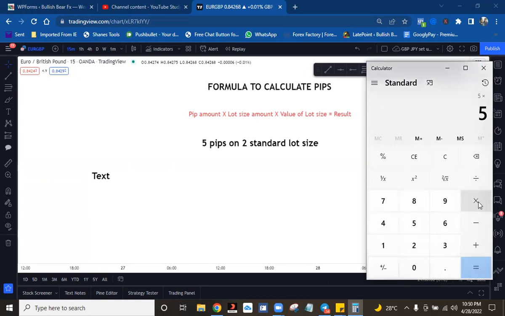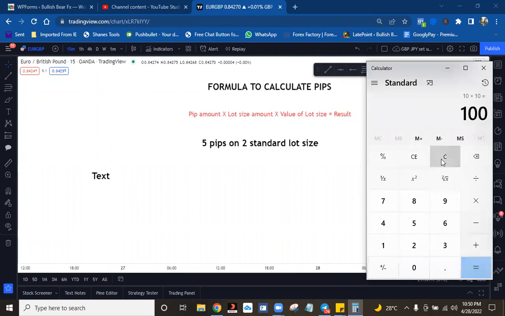Five times 2 standard lot size times, okay, wait, sorry. Okay, that's it. 5 times 2 equals to 10. All right. The value of a standard lot size is $10 per pip. Okay, times $10 equals to 100.